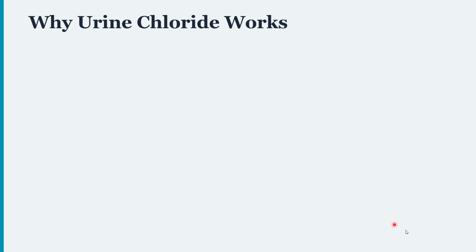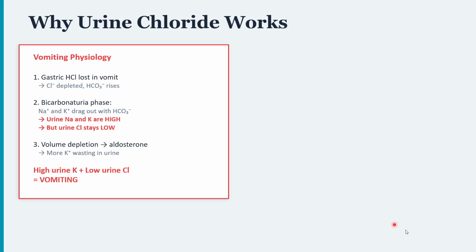Let me explain why the urine chloride works as a differentiator. In vomiting, step 1, gastric HCl is lost, which depletes chloride and generates metabolic alkalosis. Step 2, the excess bicarbonate gets filtered and appears in the urine as bicarbonate-uria. Sodium and potassium are obligated to follow the bicarbonate out, so urine sodium and potassium are high.